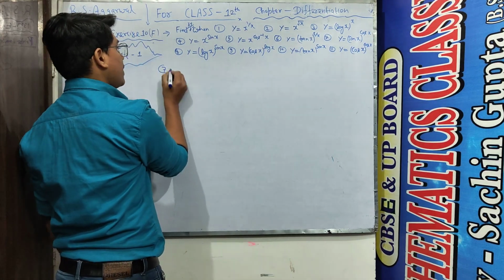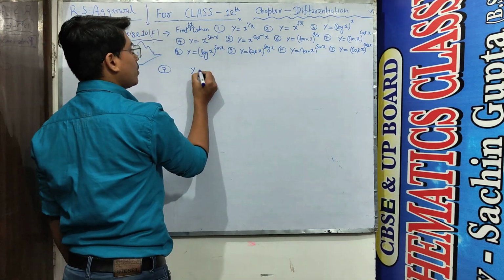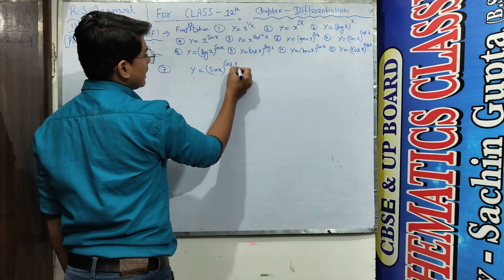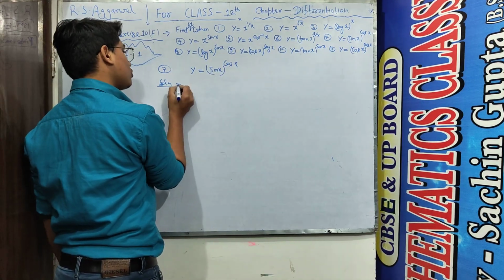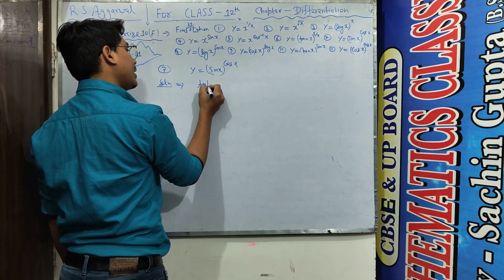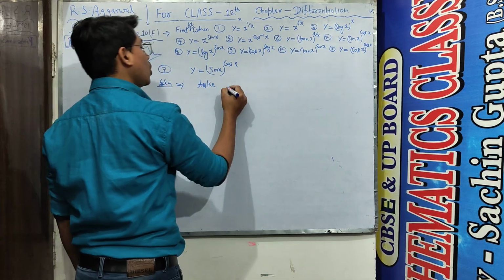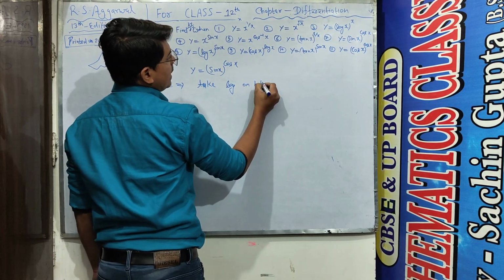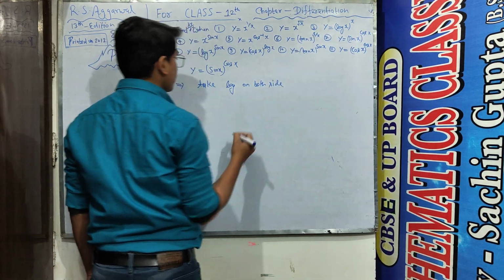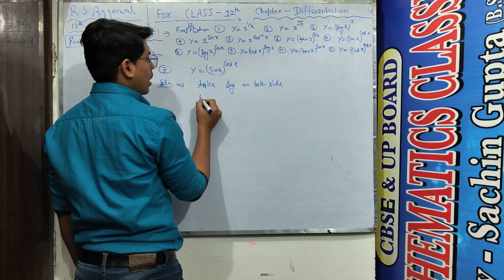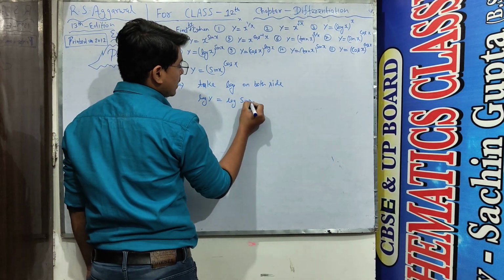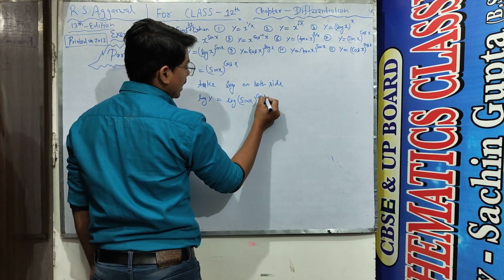Question number 7 is given to us here: y equal to sin x whole to the power cos x. Now I write here the solution: take log on both sides. So it becomes log of y is equal to log of sin x whole to the power cos x.